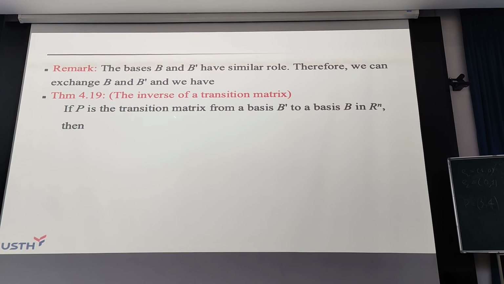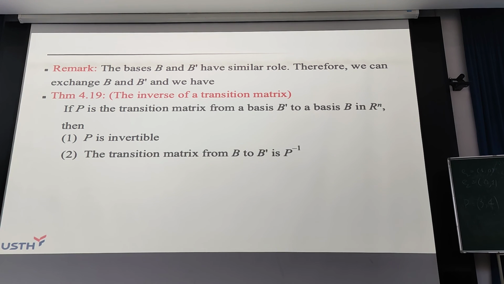Suppose that P is a transition matrix from a basis B prime to a basis B in Rn. Then first, P is invertible. Second, the transition matrix from B to B prime, now not from B prime to B but from B to B prime, is P inverse.